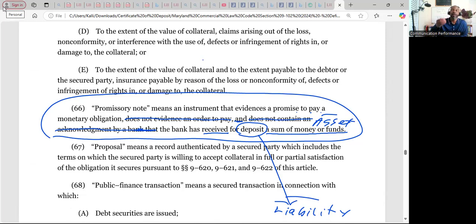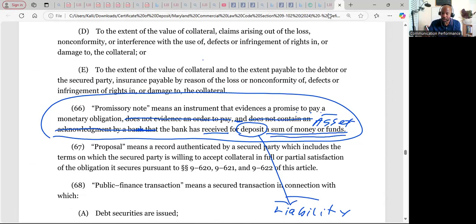Based off of double entry bookkeeping, which is a law that the bank has to follow, the bank owes you this, right? As it has always been done since antiquity. The bank purchased the instrument, their cash increases, and then they have a debt that they have to pay the general creditor, right? So the bank receives a sum of money or funds, right?